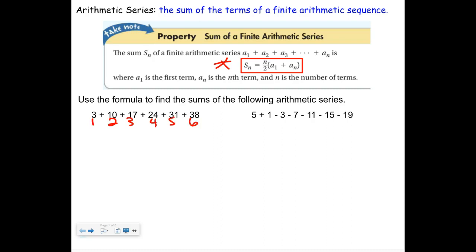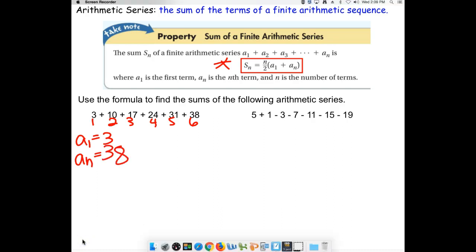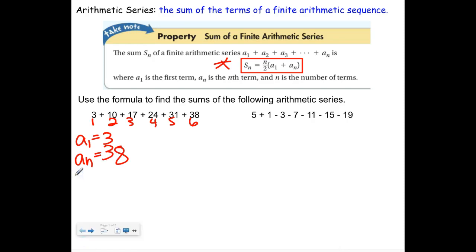So like always, I'd like you guys to list what we have. So we know our A1 is 3. Our last term is 38, and then our N went out 6 terms, okay?